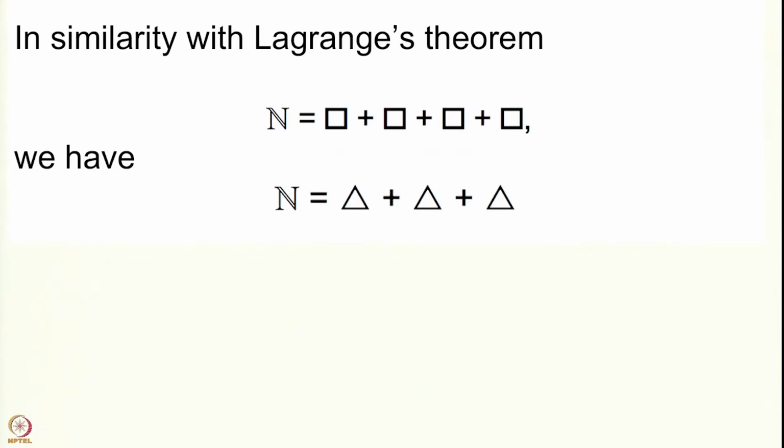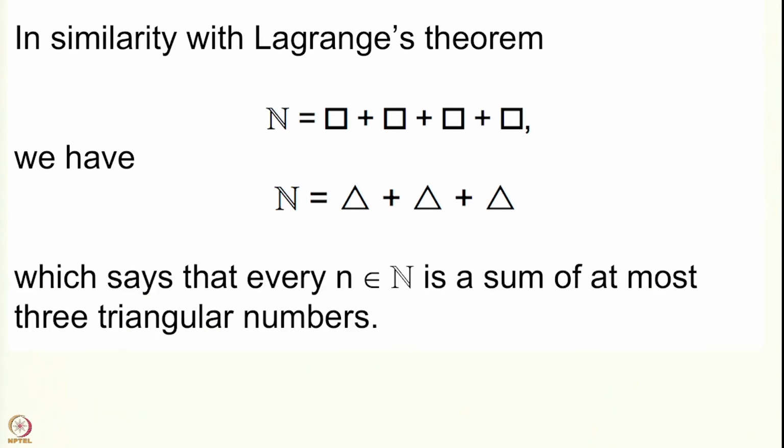Similar to this, you may have heard, this is a very famous remark by Gauss, who had written this as num equal to delta plus delta plus delta. So, this means that every natural number n is a sum of at most 3 triangular numbers. This was proved by Gauss.